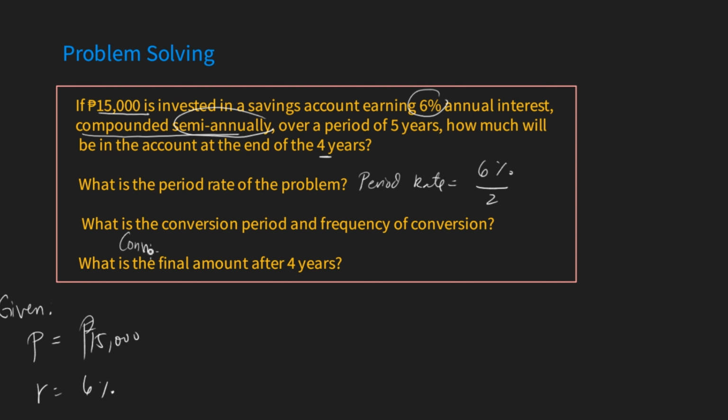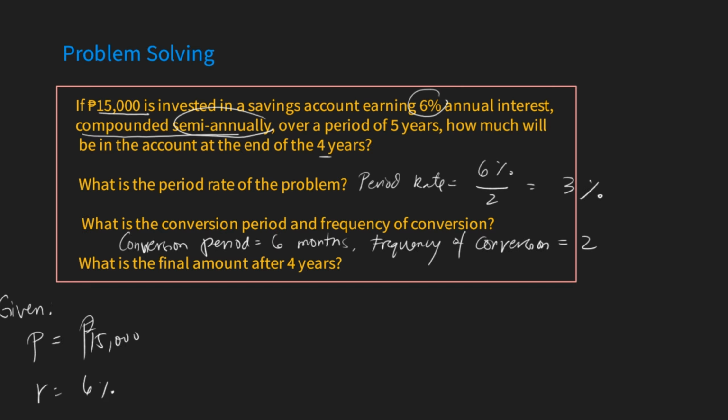The conversion period is 6 months, while the frequency of conversion is twice a year, so 2. With that in mind, our period rate is 3%. So every 6 months, the account earns 3% interest on the current balance.